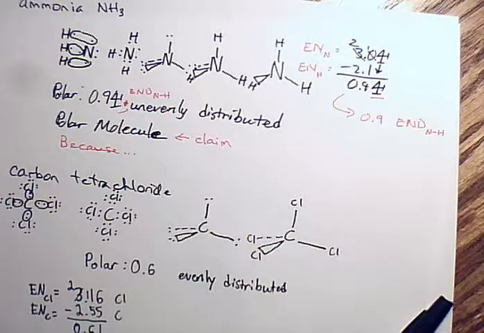So you're going to say this is a polar molecule, that's your claim, and then you're going to say because I have both an uneven distribution of bonds and I have a polar molecule. But you don't have an uneven distribution. Do y'all see what I'm talking about?